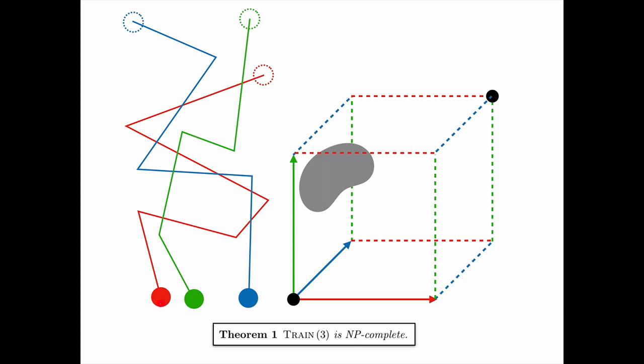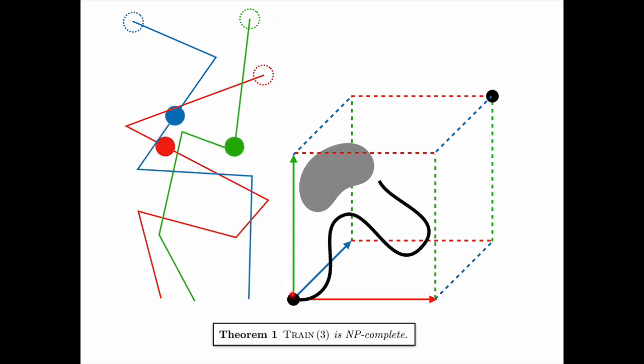computing a schedule moving the trains along the tracks from start positions to target positions corresponds to computing a path, or a curve, connecting the bottom left corner with the top right corner inside the parameter space, at which the not allowed parameter points have to be avoided.